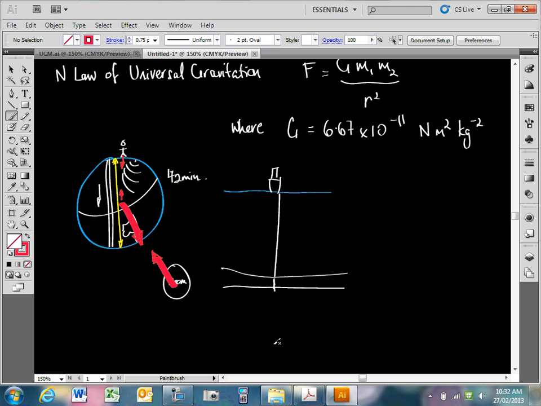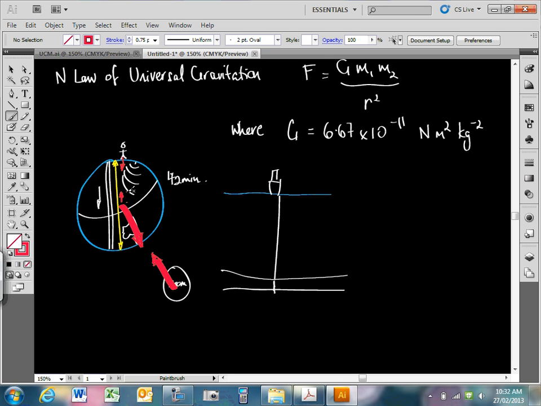Why, if these two forces, of the Earth on me and me on the Earth, are the same? Why is it that the Earth doesn't? We don't meet each other in the centre. And imagine if we all jumped at the same time and that happened. Because the masses are different. Yes, because the masses are different.